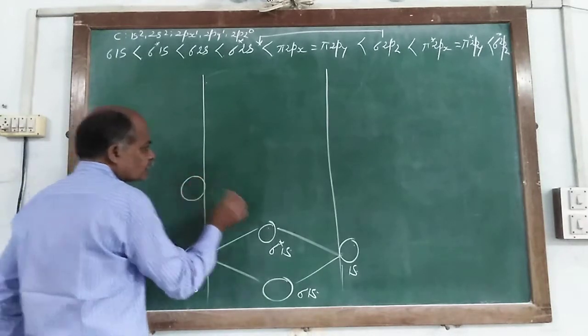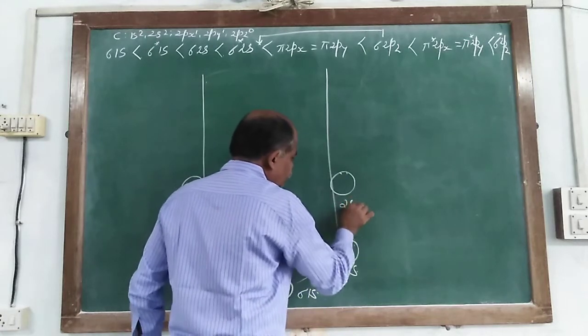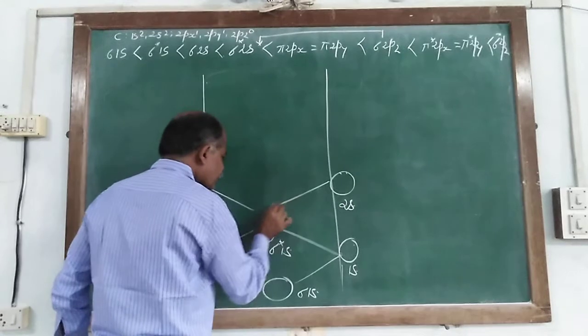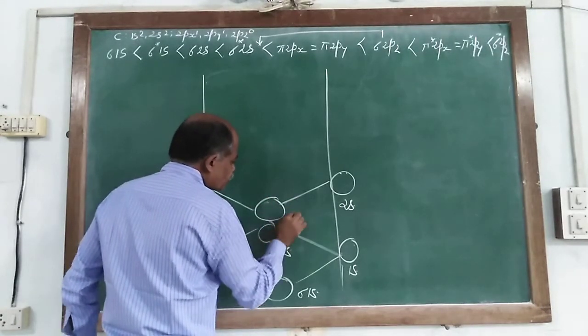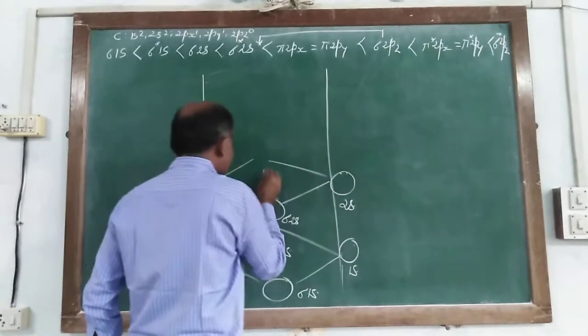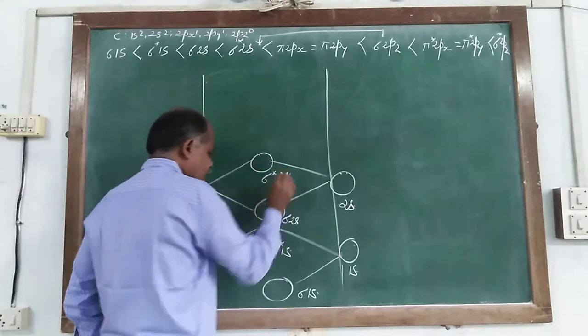Similarly, the 2s orbitals of each carbon atom form sigma 2s and sigma star 2s.